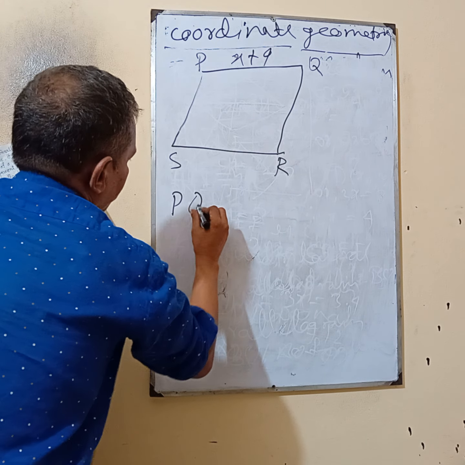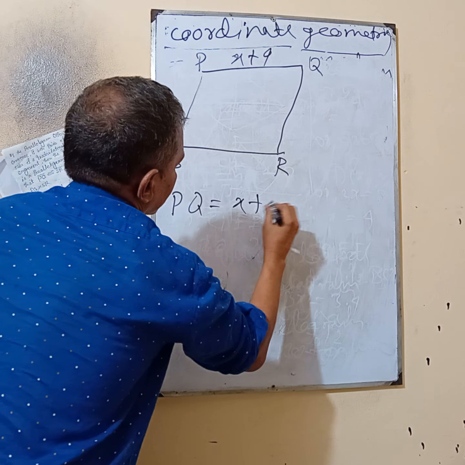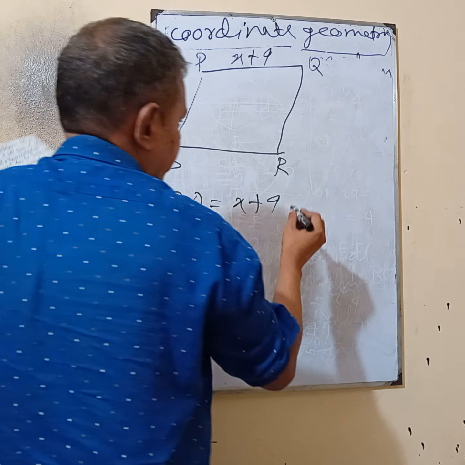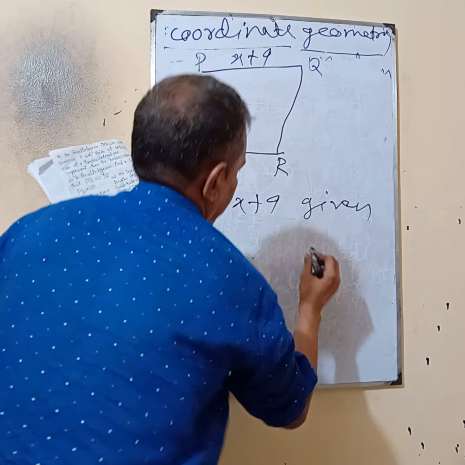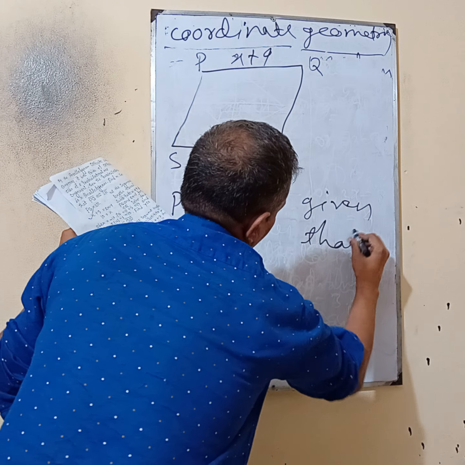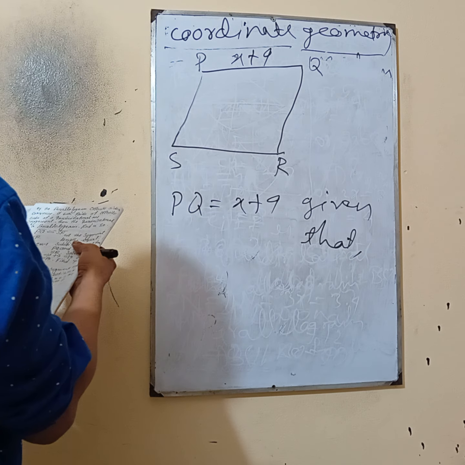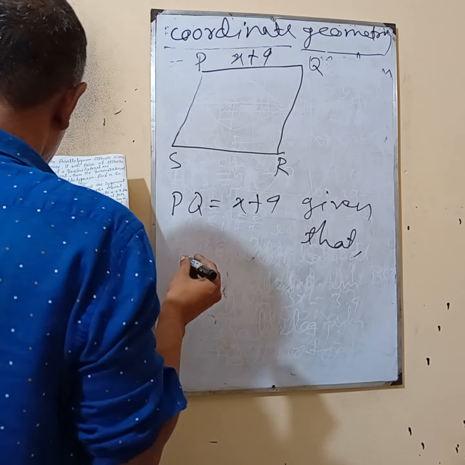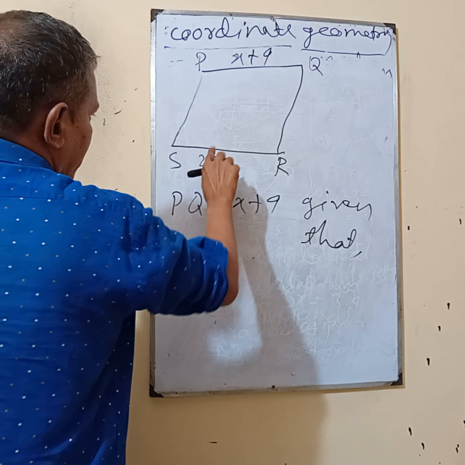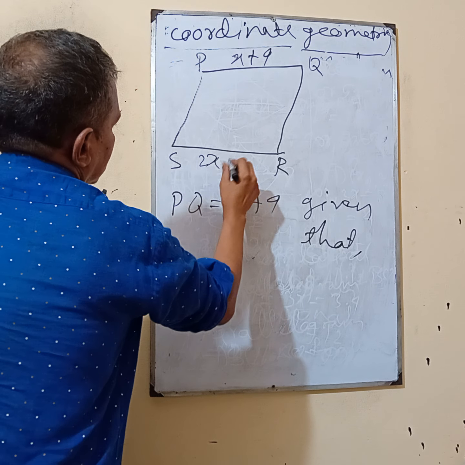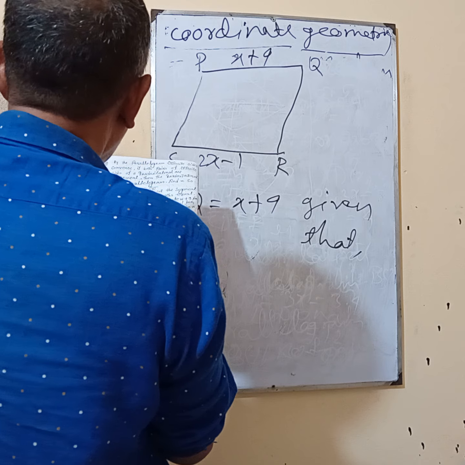PQ is equal to x plus 9, and SR is equal to 3x minus 1.